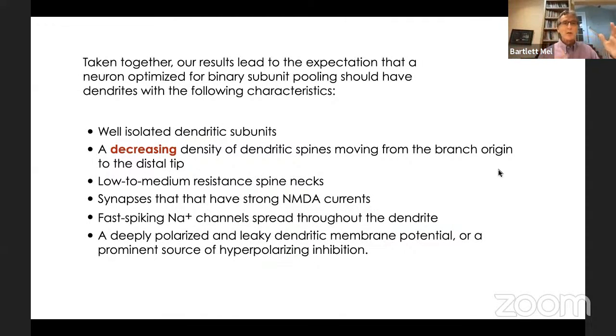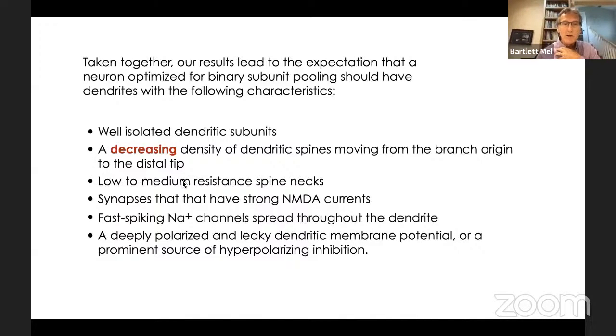So here was our conclusion. We have the expectation now, based on our conclusions, that if you're a neuron that's optimized for this task of binary signaling, when you have lots of dendrites sticking into the cell body, you should expect to find well-isolated dendritic subunits. You should expect to find a decreasing density of dendritic spines. That's kind of the main thing I've been talking about.